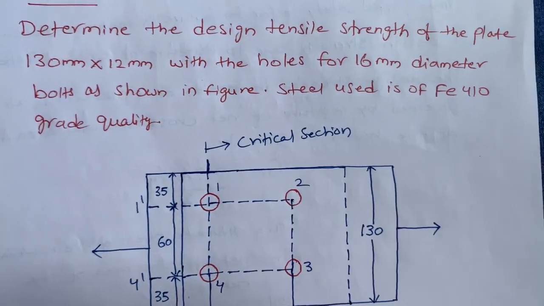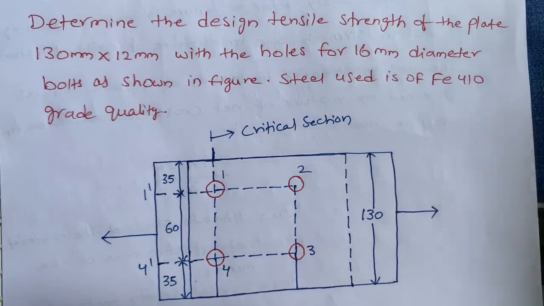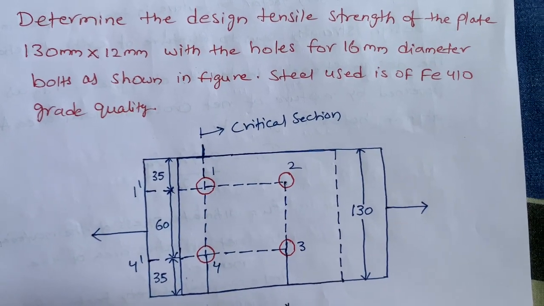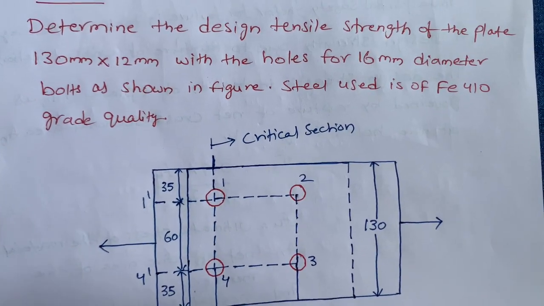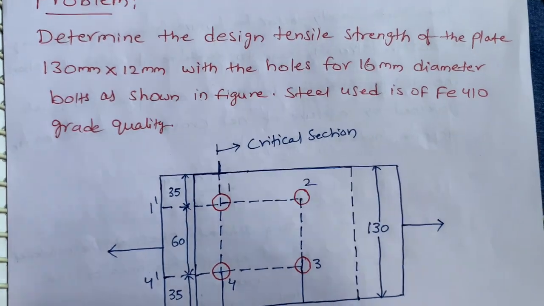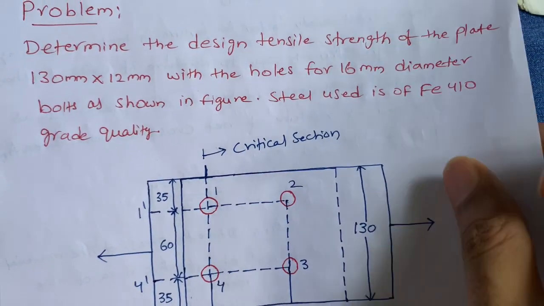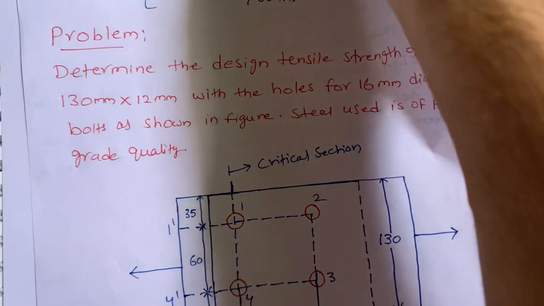Already in my previous video I told you that for solving the design tensile strength we need to check three types of failures. The first one is yielding of gross section. The code specifies yielding of gross section on page number 32.